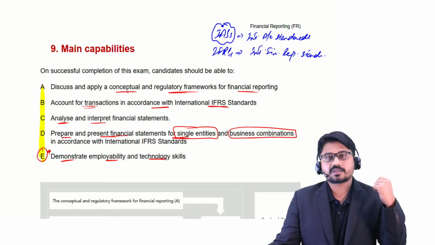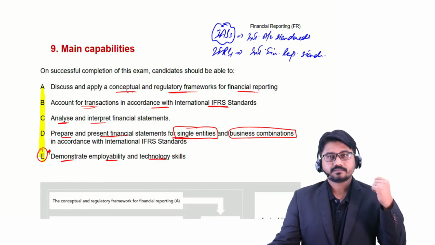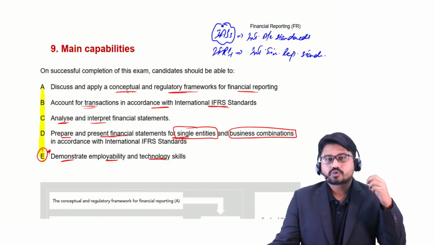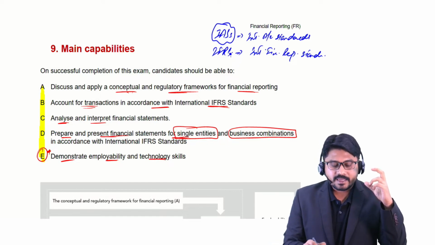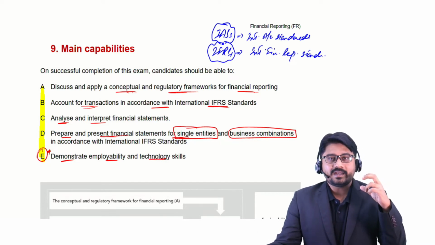That could be tangible non-current assets, that could be intangible non-current assets. What is the value of the non-current asset at year end? What's the depreciation percentage? Is there any impairment on that asset or not? So all these things are to be covered by studying the IASs and IFRSs, and the accounting standards are like the basis of the financial reporting paper.